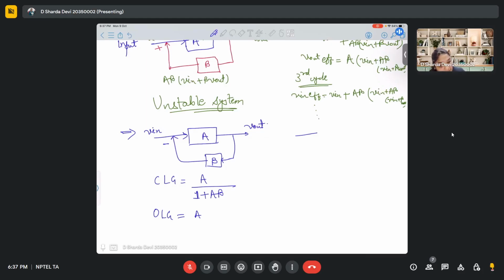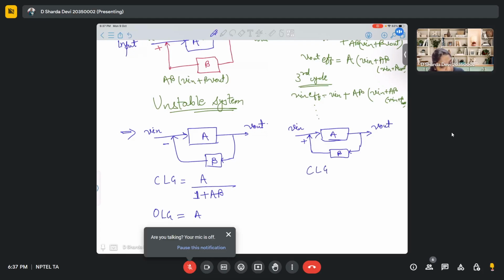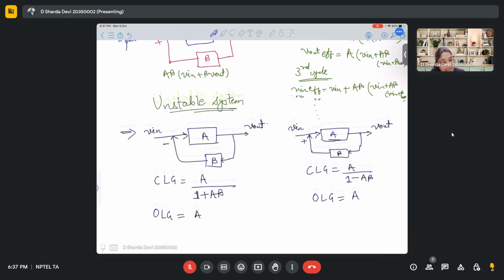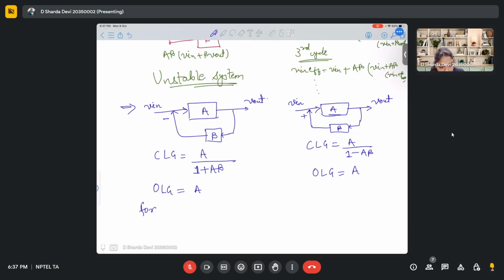Now similarly, when you have a positive feedback, the closed loop gain becomes A upon 1 minus A times beta. Here also the open loop gain of your amplifier was A. The worst case is when your beta is 1, that means you are feeding all of your output to the input.